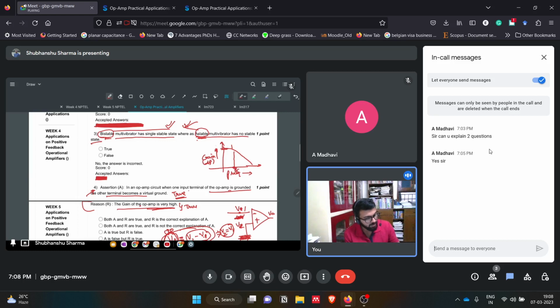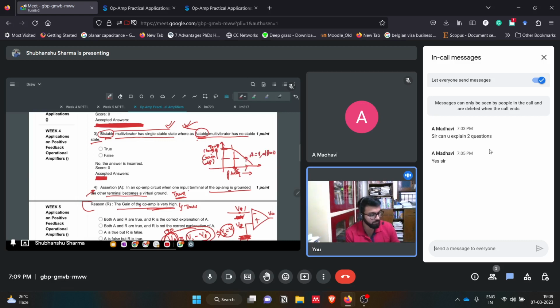The gain is very high, like 90 dB or 110 dB. Let's say this is the gain bandwidth product, where the op amp gain is 1, or 0 dB. Why do people say we should not use the op amp beyond its gain bandwidth product?